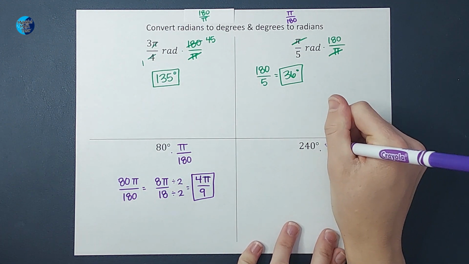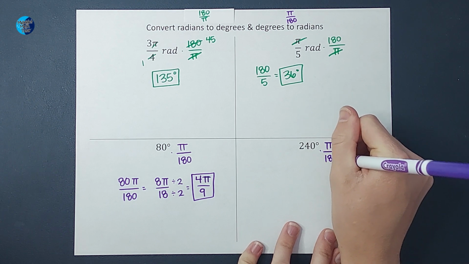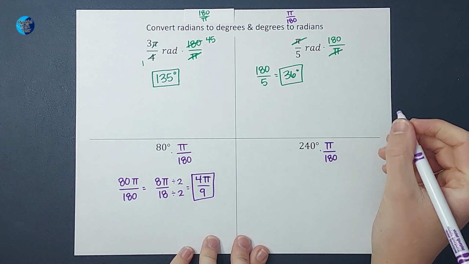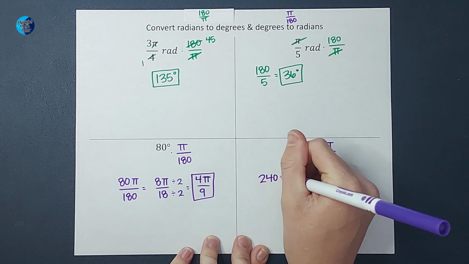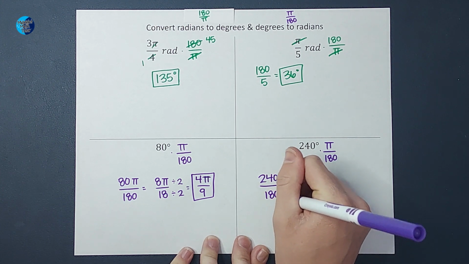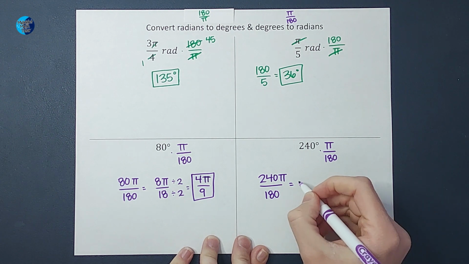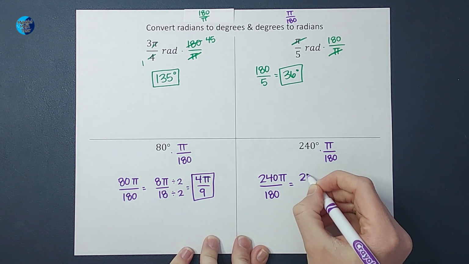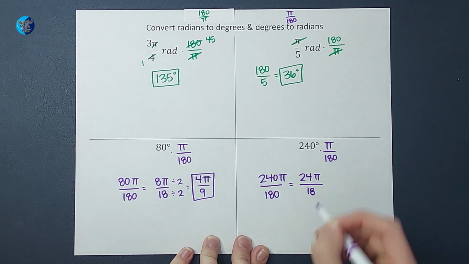I'm going to multiply by pi over 180. So when I do that, I end up with 240 pi over 180. Again, I would divide 10 off the top and bottom first and end up with 24 pi over 18.